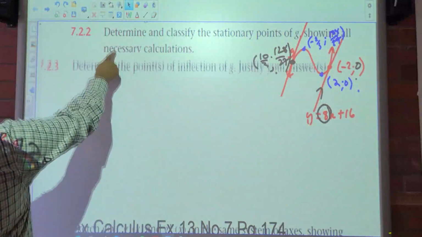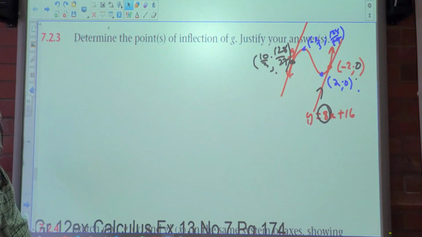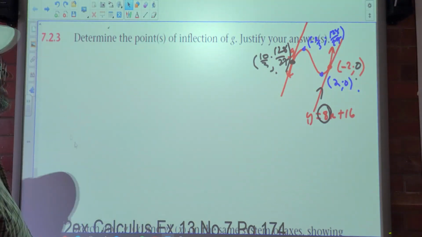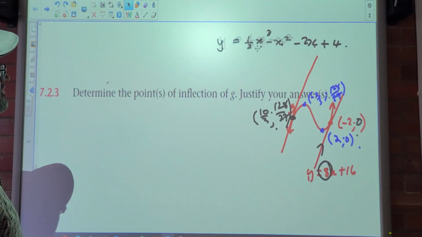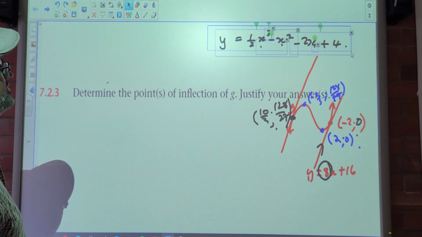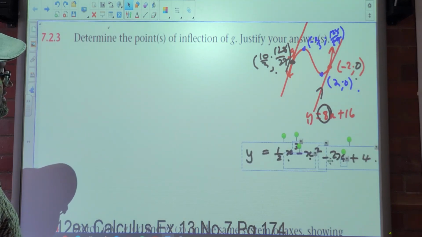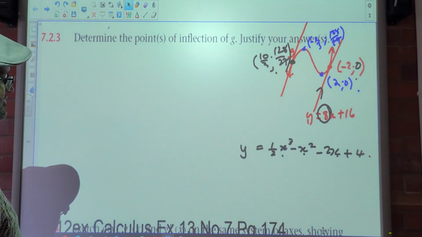So the next question we are told, determine the points of inflection of that graph. Okay, point of inflection. People, how do you calculate the points of inflection? Second derivative, and then set it equal to 0. Okay, for the points of inflection.